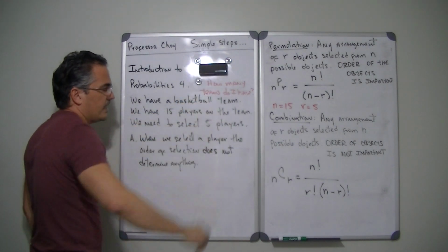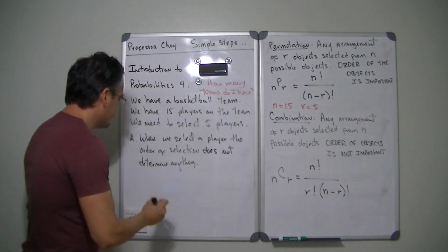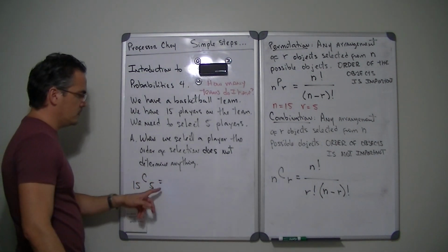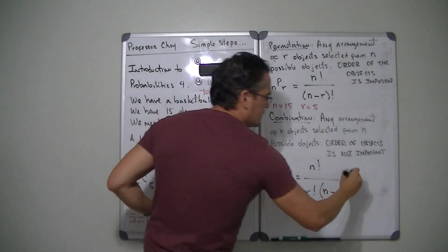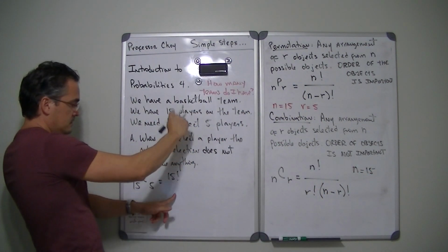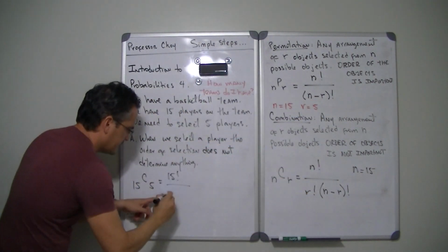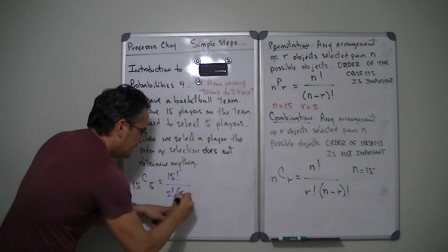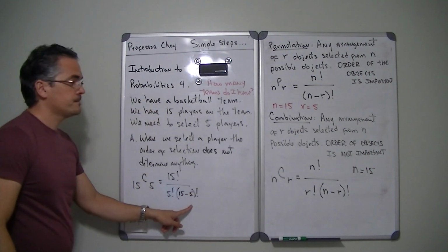So the answer to that is this right here. You got to do 15C5 equal to n factorial, and our n is still going to be 15 because we still have 15 total players, divided by r factorial, that's 5 factorial, and then 15 minus r factorial.